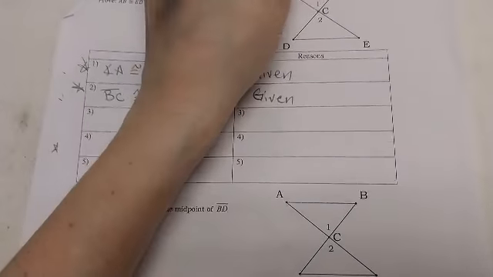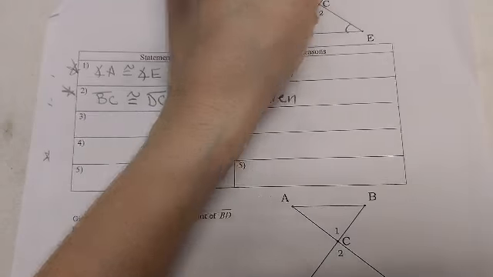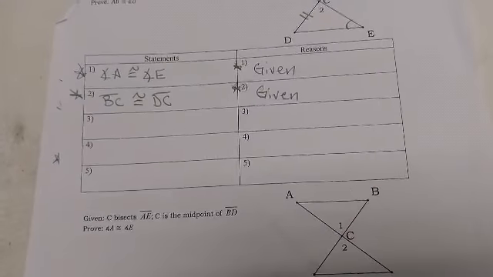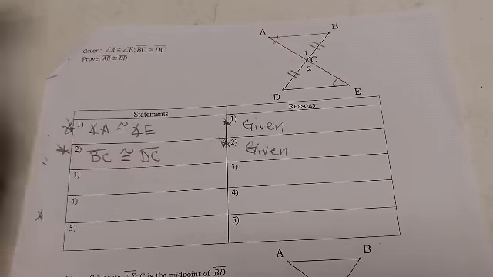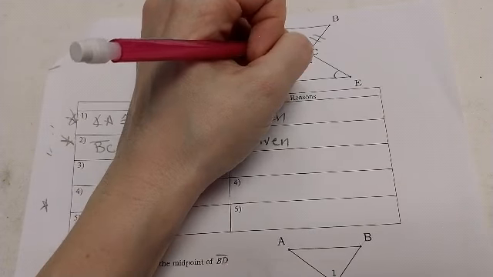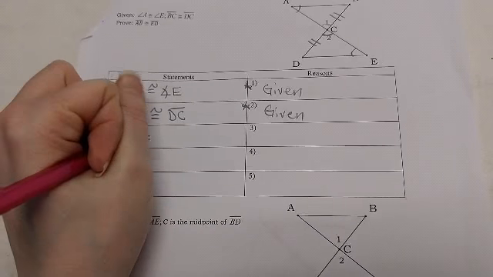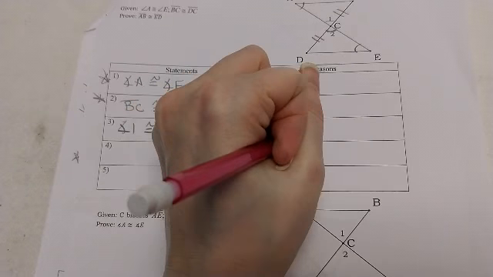So we have angle A is congruent to angle E. BC is congruent to CD. And I only needed one mark on each of those, but I put 2. I don't know why. And then my hidden information, angle 1 is congruent to angle 2 because they are vertical angles.